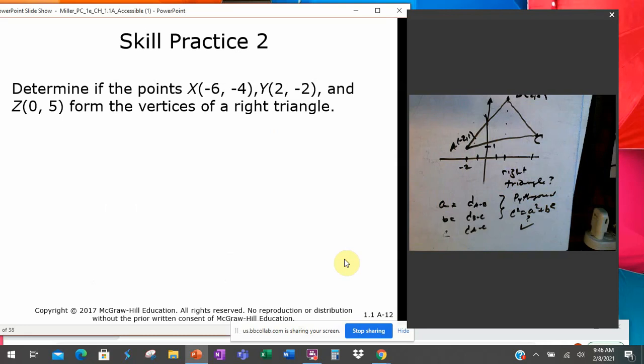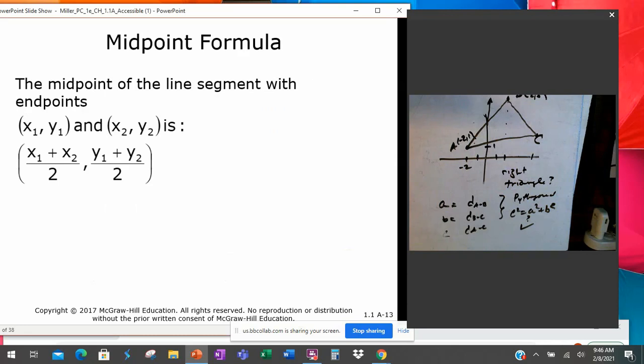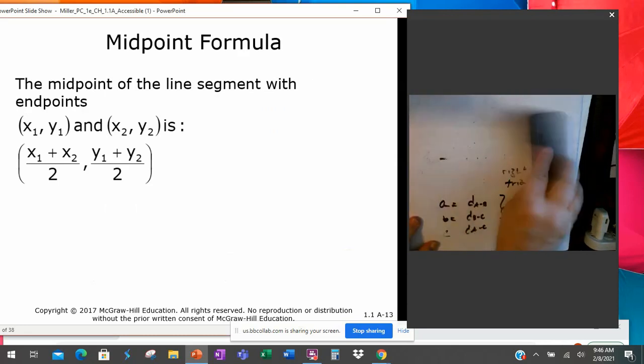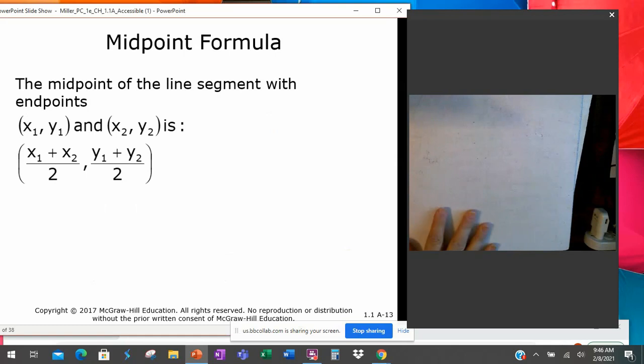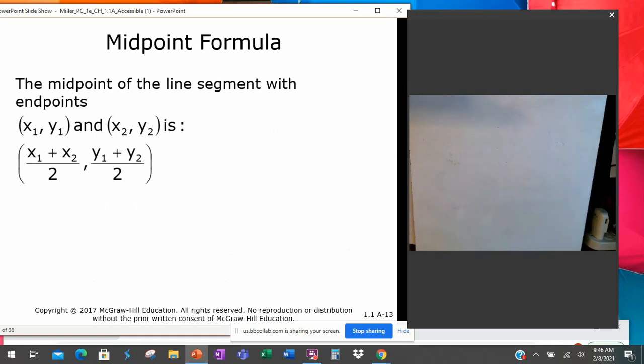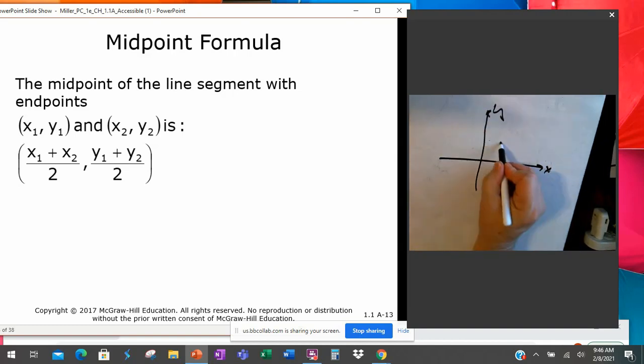So let's go through, make sure I haven't missed anything. There's also a midpoint formula that we will stumble upon every once in a while. Again, if I draw my coordinate system with x-axis and y-axis, and I've got 2 points, and each one of these has its own coordinates, I'm going to label this again P1, P2, x1, y1.